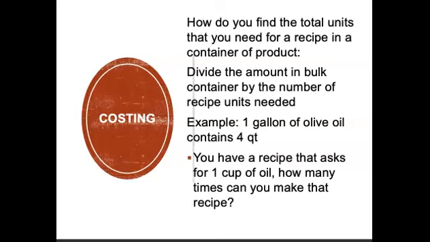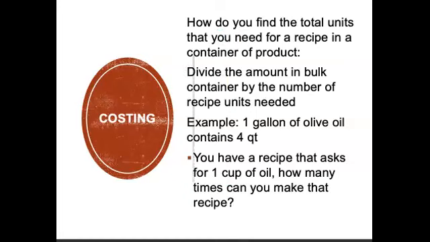So be careful with that. Also, make sure that you're always making that transformation into equal units. And always remember that you have to find the total units that you need for a recipe in a container of product, right?